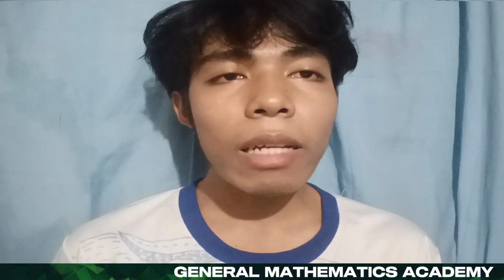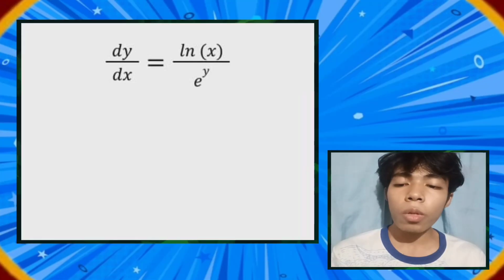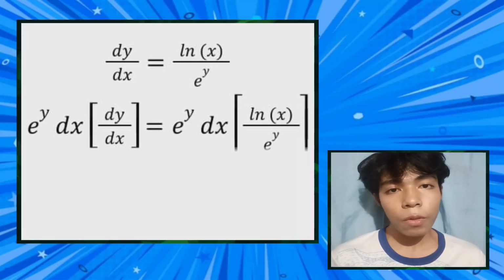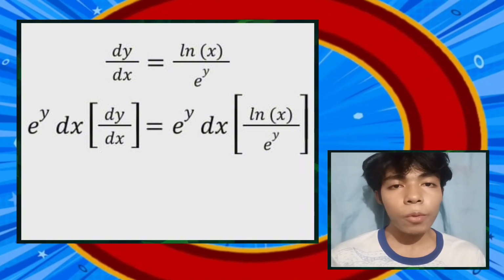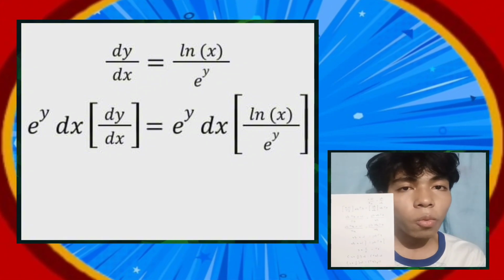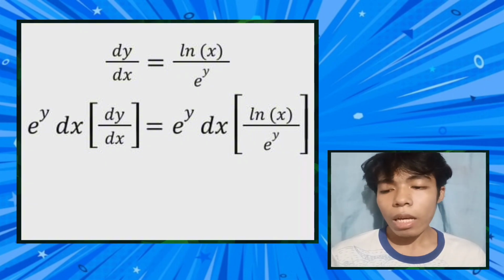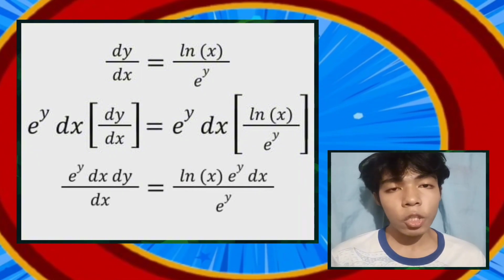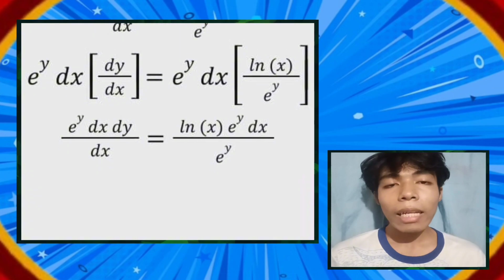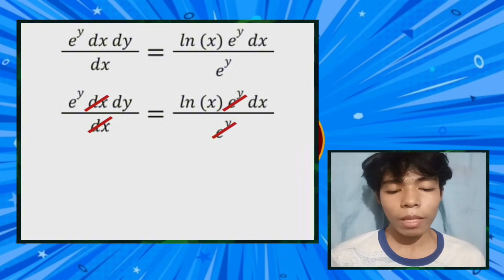So in order for us to separate the x and the y variables, all we need to do is to multiply both sides of the equation by the product of the multiplicative inverse of e raised to y and dx. Upon doing basic simplification through multiplication, the dx on the numerator and the dx on the denominator have been eliminated.